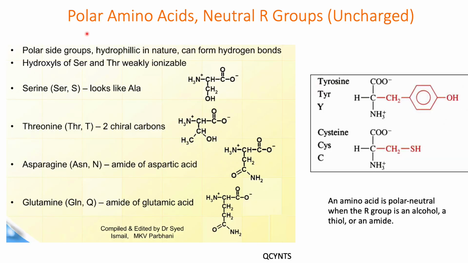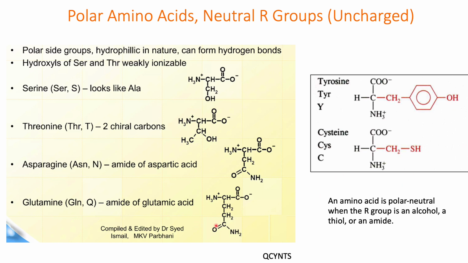So the next category is the polar amino acids, and among them we'll now look at the polar neutral uncharged amino acids. An amino acid is polar neutral when the R group is either an alcohol, that is, it has an OH group, or a thiol, that is, it has an SH group, a sulfur containing analog of alcohol OH, or an amide.